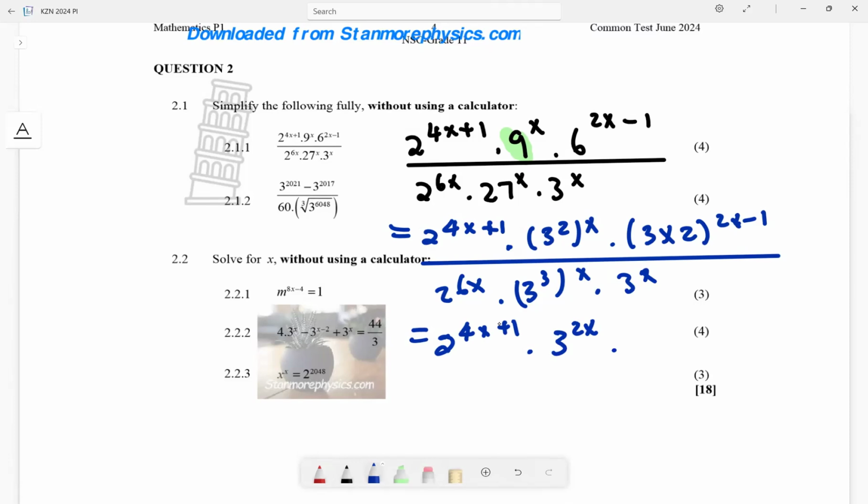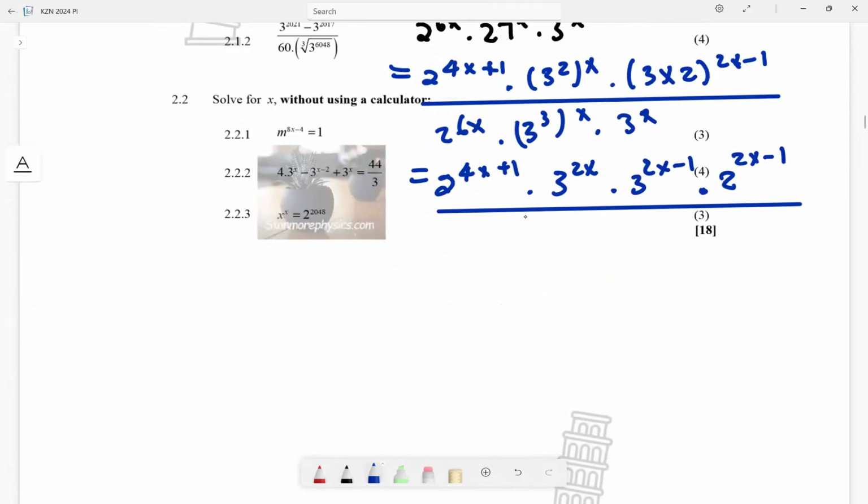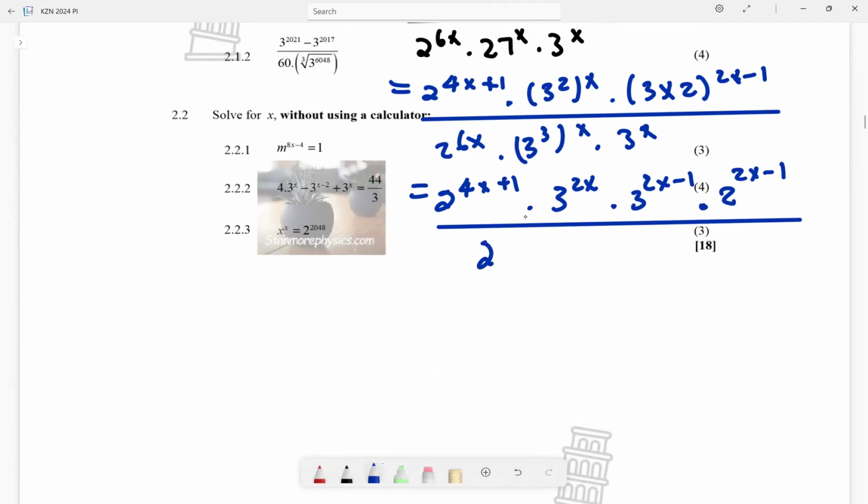Then this 3 will take the exponent as it is, 3 to the power of 2x minus 1 multiplied by 2 to the power of x minus 1, all divided by 2 to the power of 6x multiplied by 3 to the power of 3x multiplied by 3 to the power of x.